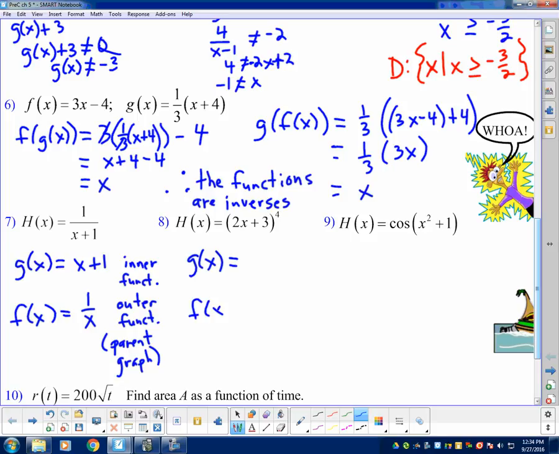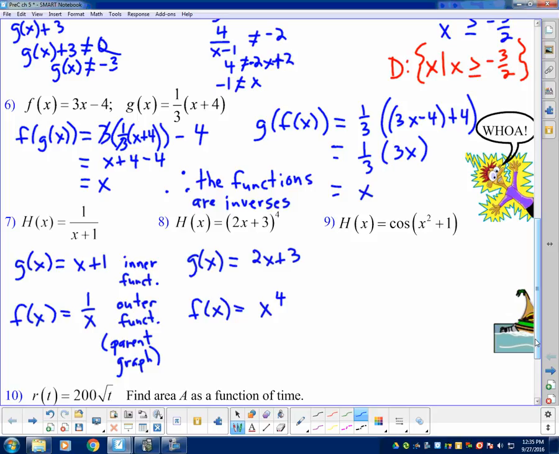You're telling me the outer function is x to the fourth, right? The parent graph is the outer function. The inner function then must be 2x plus 3, what I'm plugging into it. So if I put this in for x in the parent graph, I get this function. We're just trying to see one function inside of another.